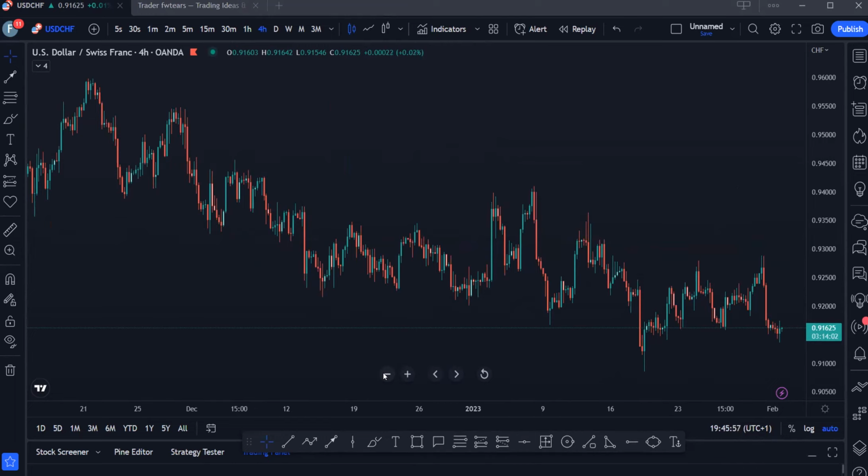You want to spot reversal zones, reversal areas in the market. Okay, so now here, to buttress the point I'm trying to make, right over here, I can see that price.